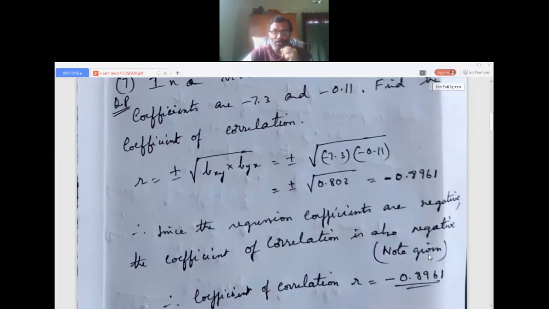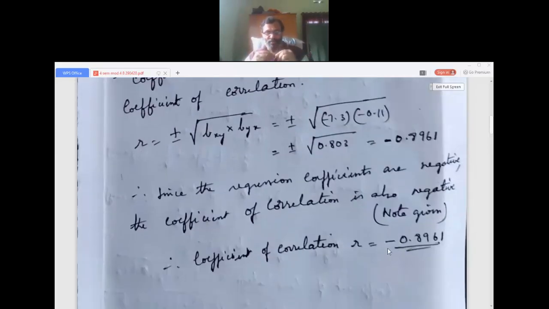This is given in the note. So we put the negative sign, that is minus 0.8961. I hope it is clear. That is the homework problem I had given.